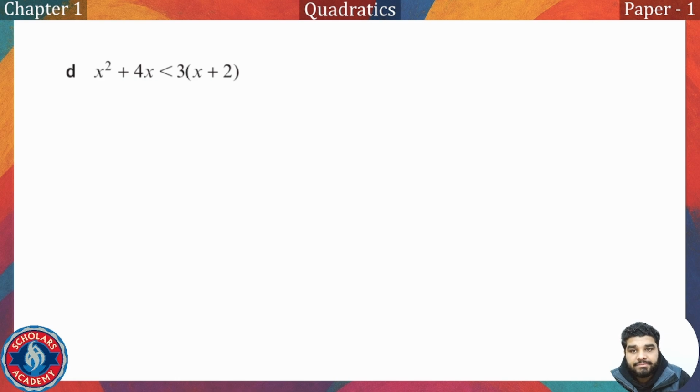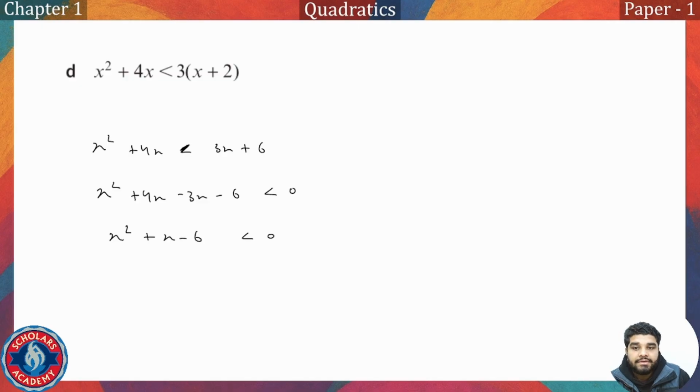Let's first of all simplify it. So x square plus 4x is less than 3x plus 6. Let's bring whatever is on the right hand side to the left hand side. x square plus 4x minus 3x minus 6 is less than 0. x square plus x minus 6 is less than 0. So product is negative 6 and sum is 1.